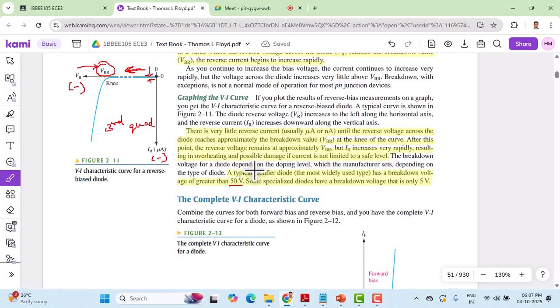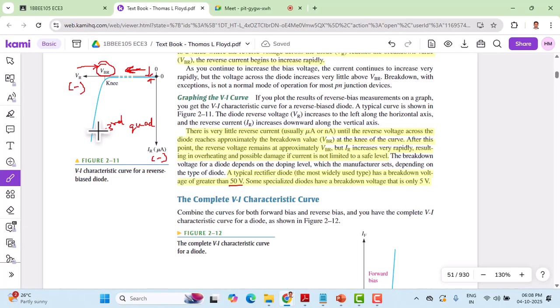That depends on the data sheet. The data sheet from a diode manufacturer always provides the breakdown voltage. Though it is mentioned here as 50 volts, generally it goes from 50, 75, 80 volts, something like that. So an ordinary PN junction diode, once operated in the reverse region, breaks down here.